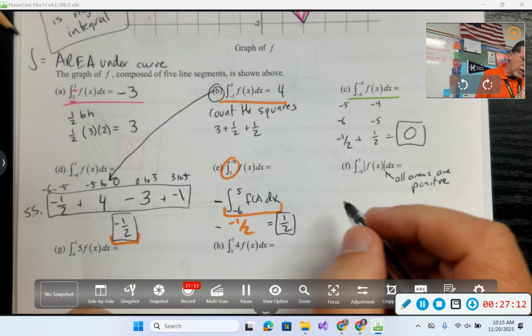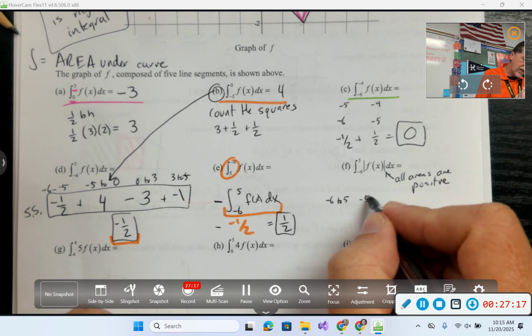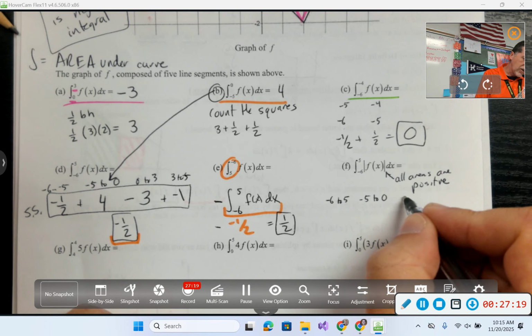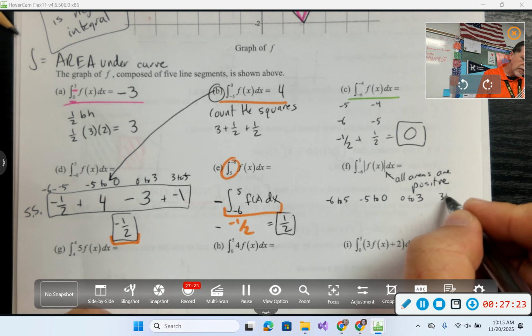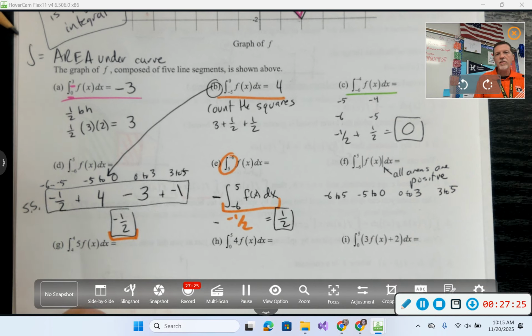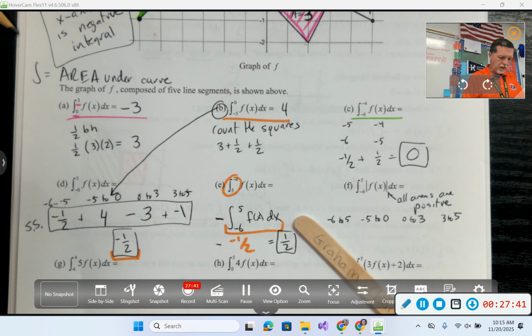So I'm still going from negative 6 to 5, negative 5 to 0, 0 to 3, and 3 to 5. Once you get the hang of this, you're not going to label everything like this. You're just going to add them up in your head and write the answer down, and that's okay. But for now, let's take it slow and see what we got as we move across.